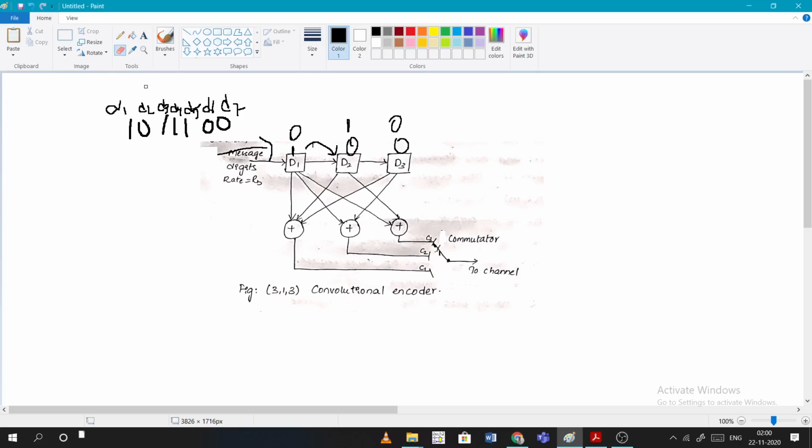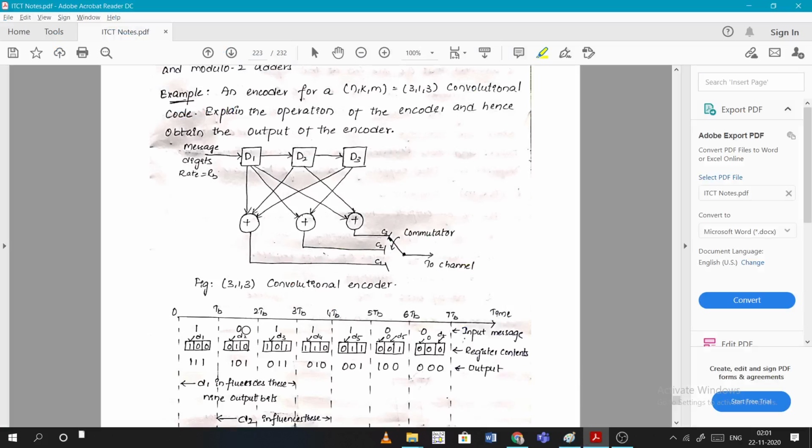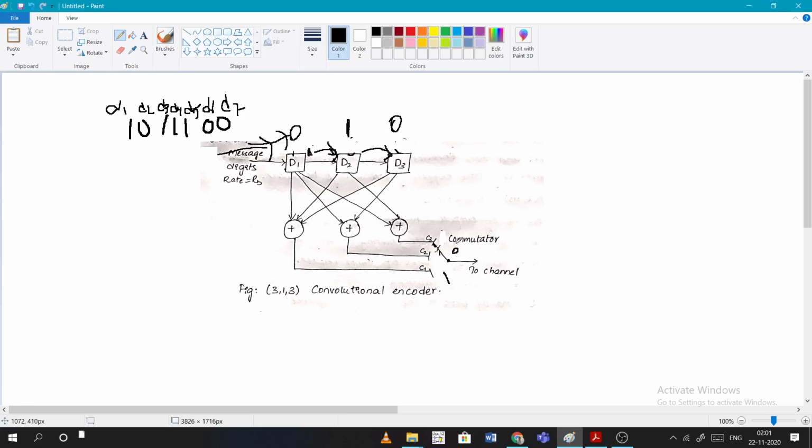I am just shifting the whole sequence. Now doing the operation for this 0 1 0, we get the outputs 1 0 1.